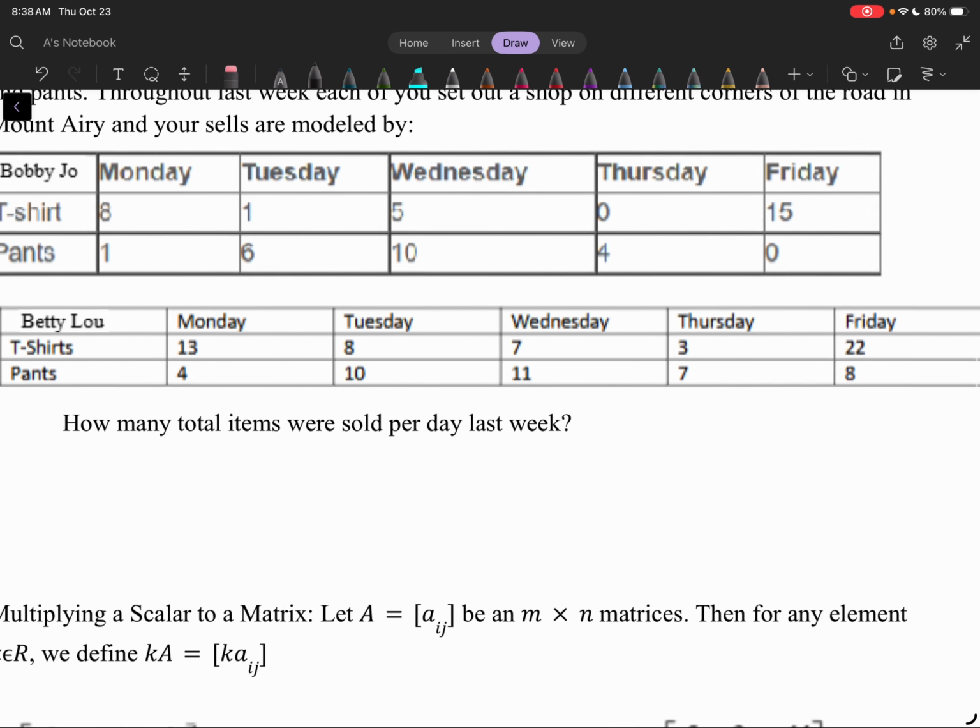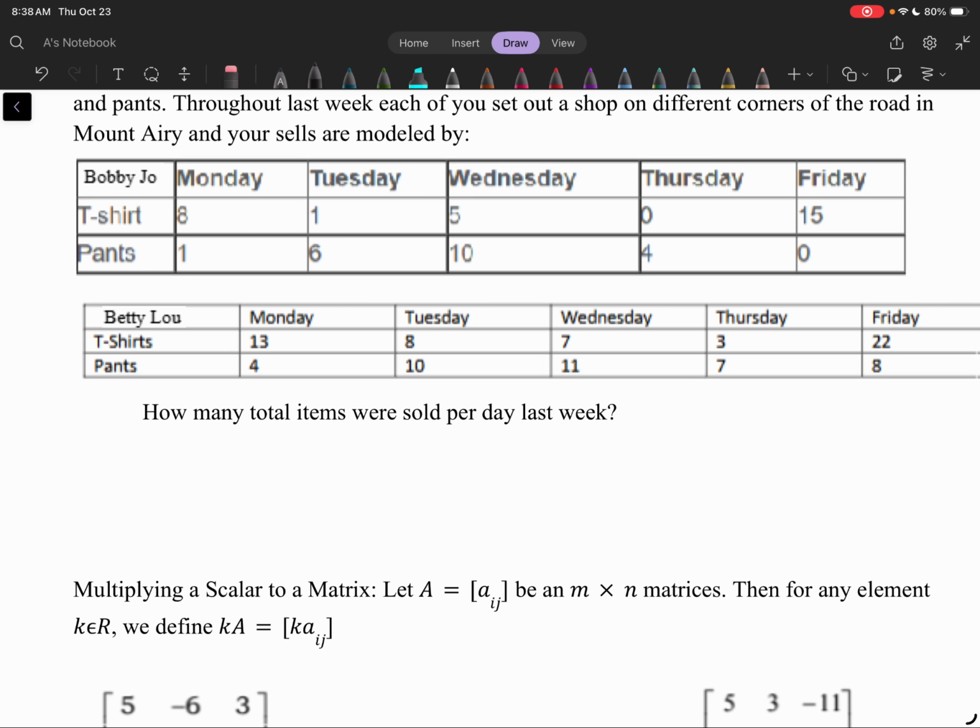So Bobby Joe sold the first diagram. And on Monday, Bobby Joe sold 8 shirts. Betty Lou, on the second diagram, sold 13 shirts. On Monday, a total of 21 shirts were sold.